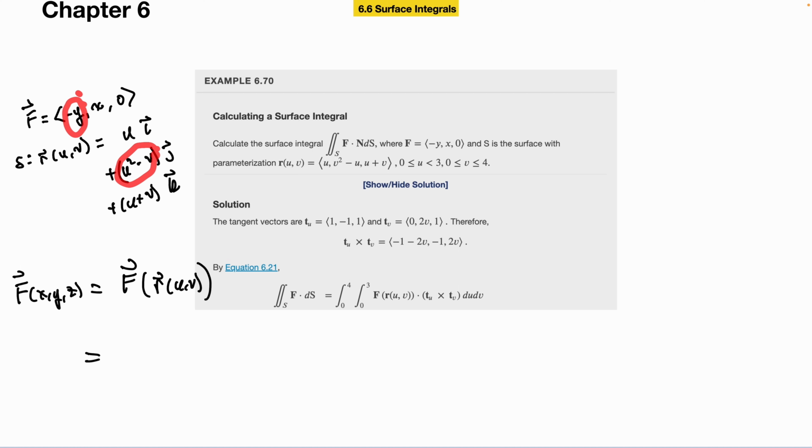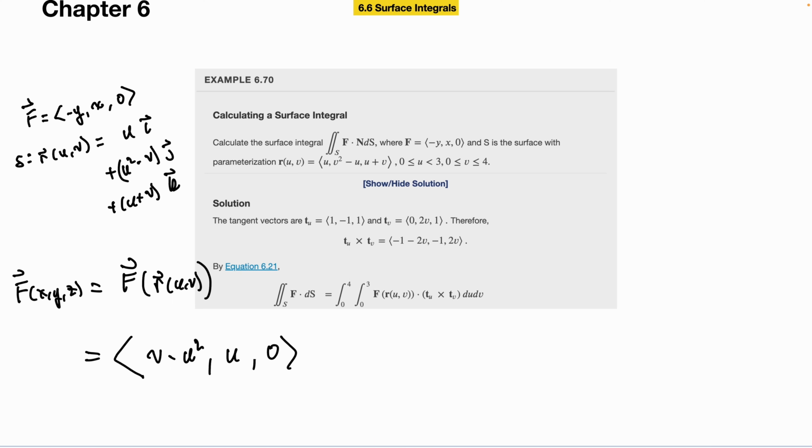Well, here is y, so put a minus on that. So the first component will be v minus u squared. The next component is just x, so that's just u. And nicely, the third component is 0. Good. So now we know what form this takes. Here's the vector, and then that's going to be this here.